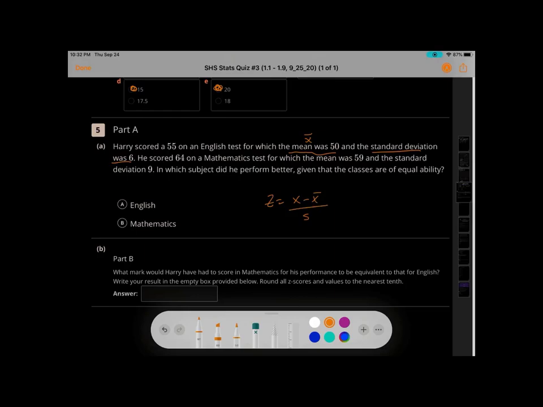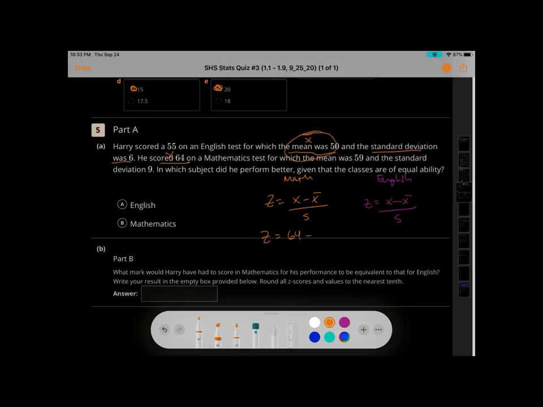Alright, let's do this for math. And I'm going to do the same thing for English. Z equals x minus x bar over s. So let's go over that. Z equals, he scored a 64, so there's my x value.